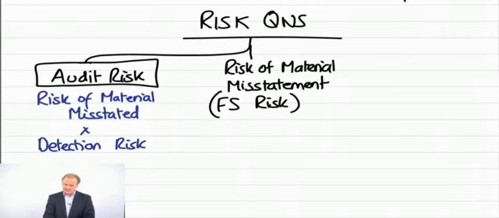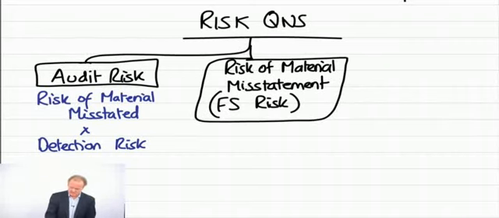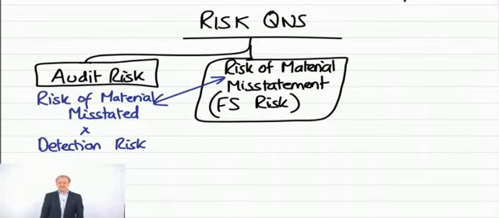I tell you that because one of the questions we'll be looking at tonight is from back in 2011, 3 years ago, when it was still being called financial statement risk. If that comes up, it's the same as that. This is the same as an audit risk question, except there won't be any detection risks to go in the answer. So in essence, those two things are the same thing.